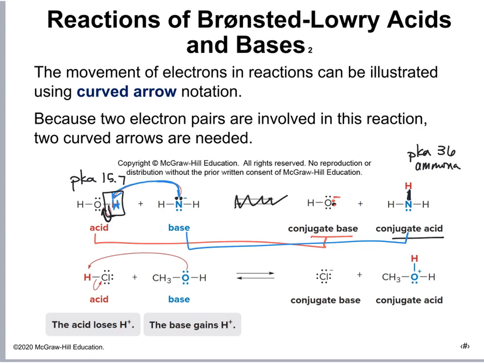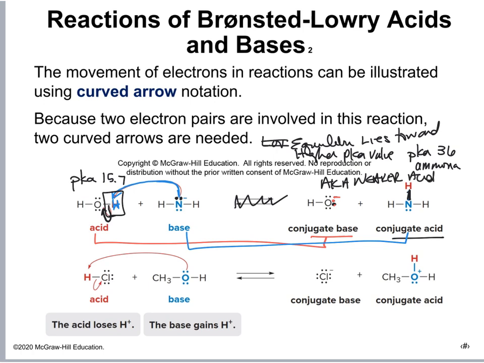I expect you to show the equilibrium lies toward the higher pK value, aka weaker acid.